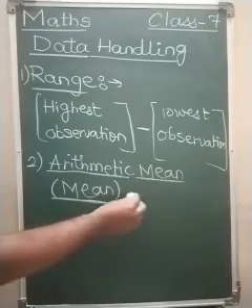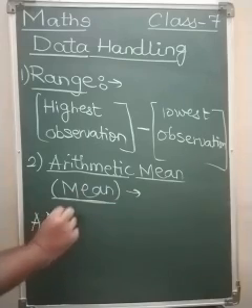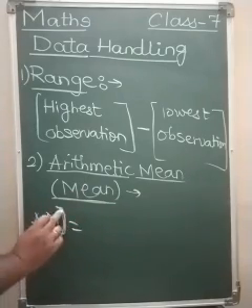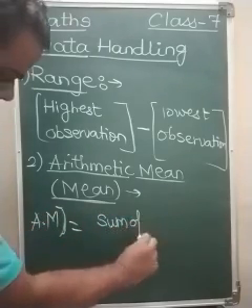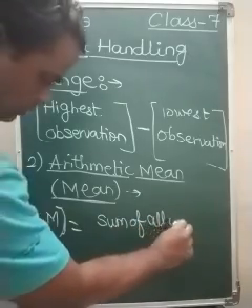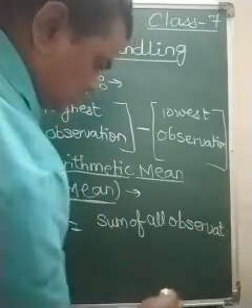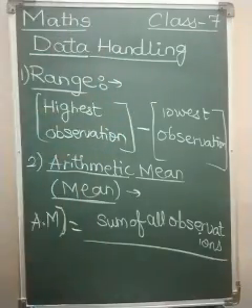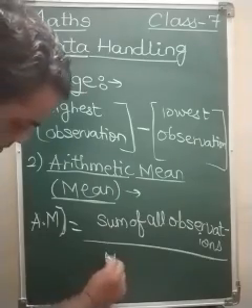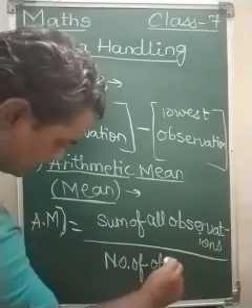We can write AM, arithmetic mean equals sum of all observations divided by number of observations.